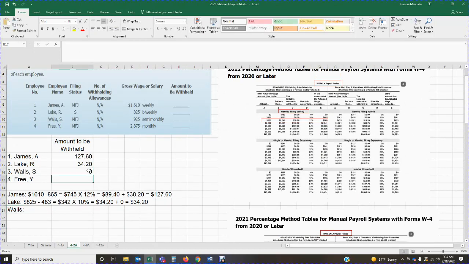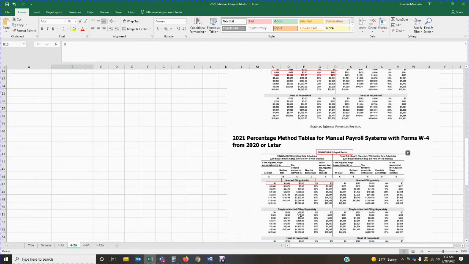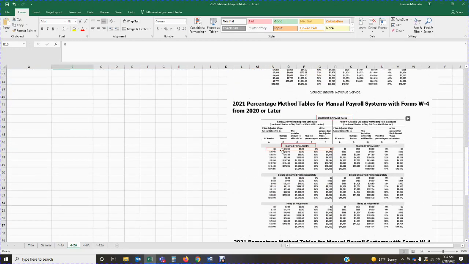It's going to be 0 because if we look at the semi-monthly table, Walls fell under the first tier because Walls made $925. Because he made $925, he is not responsible for any taxes. It's not taxable.